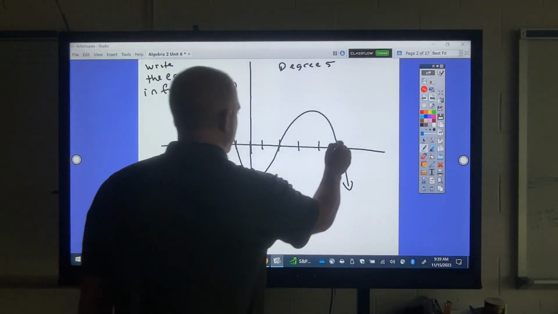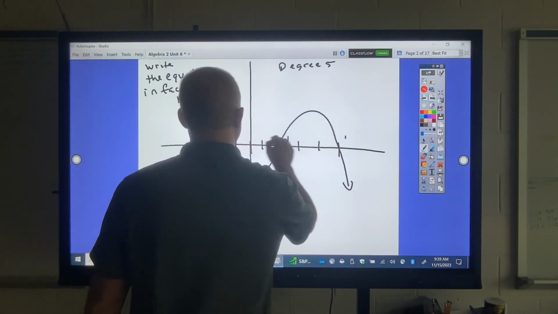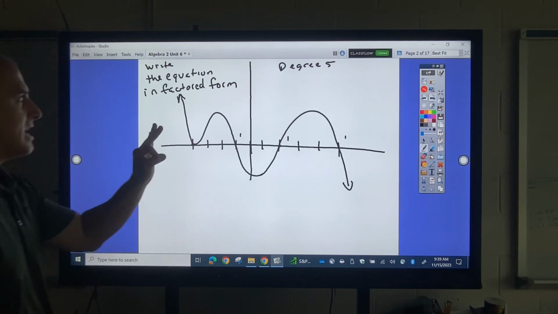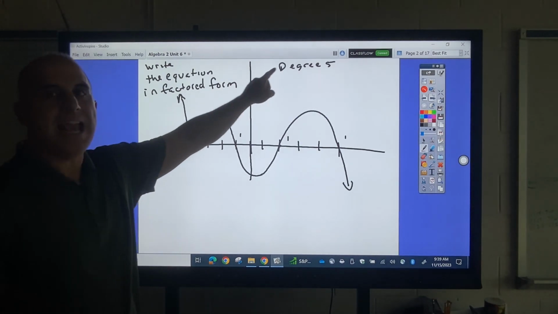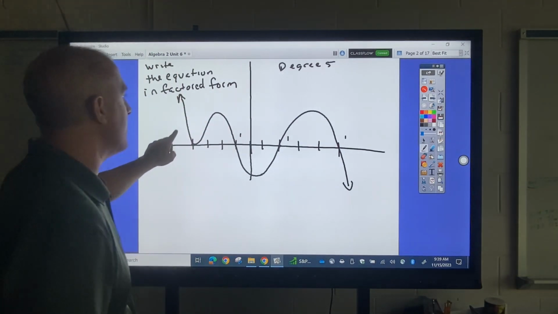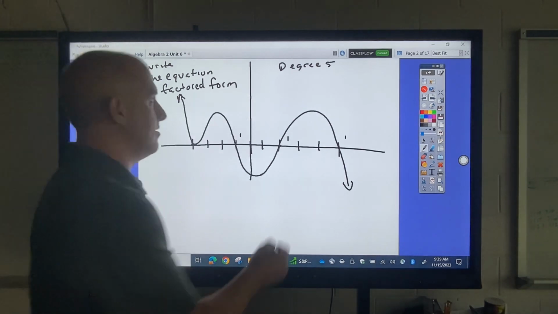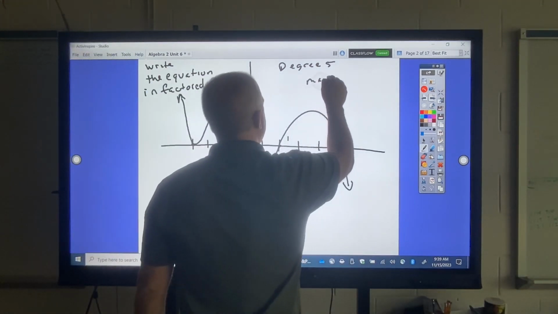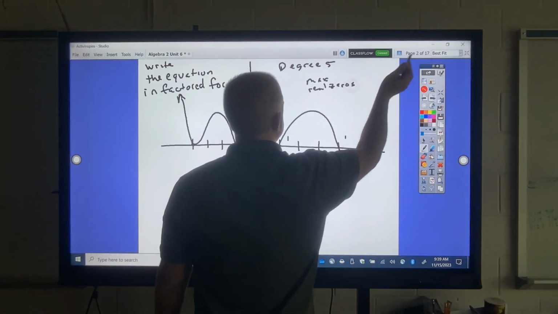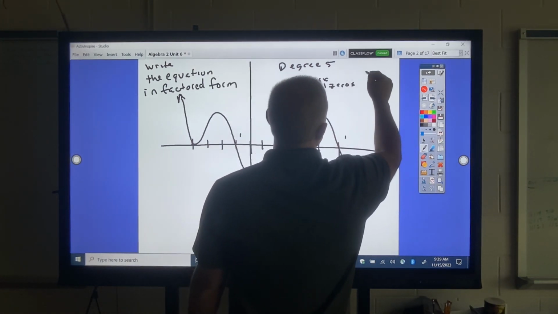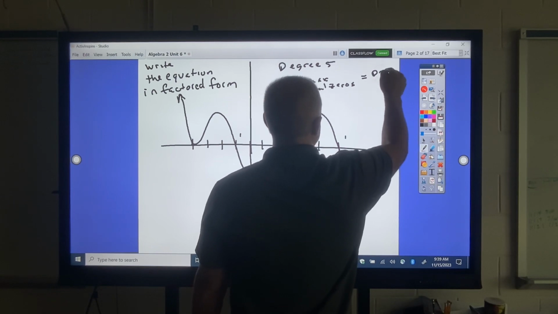So we know this would count for 1, 1, 1. So if I'm at 3, the max this can count for, and this is very important to understand, the max number of real zeros can equal the degree. That's the max amount.